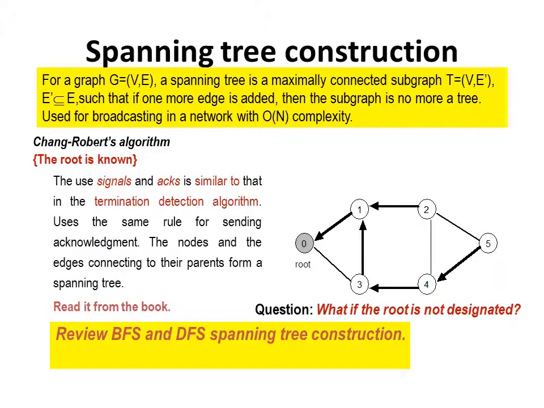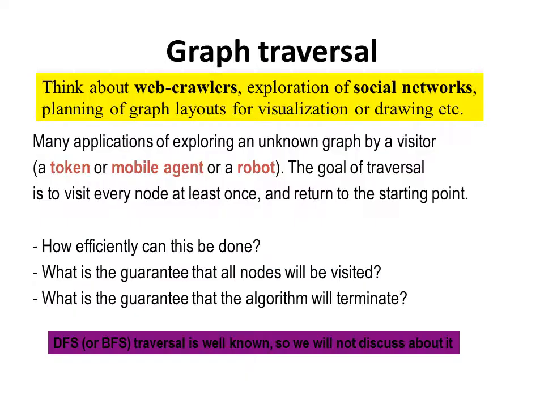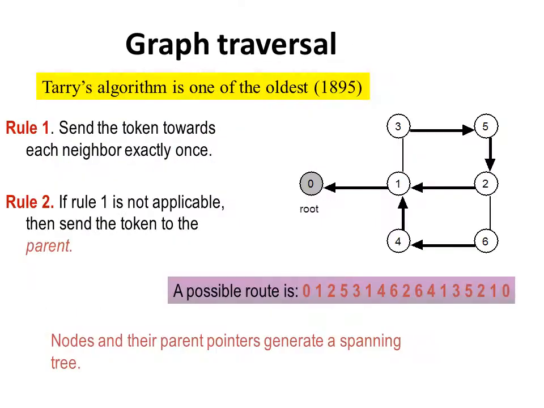Now moving forward, in spanning tree, you need to know how Tarry's algorithm works. You should be able to give a possible route taken using Tarry's algorithm and the resulting tree formed when you're given a graph.